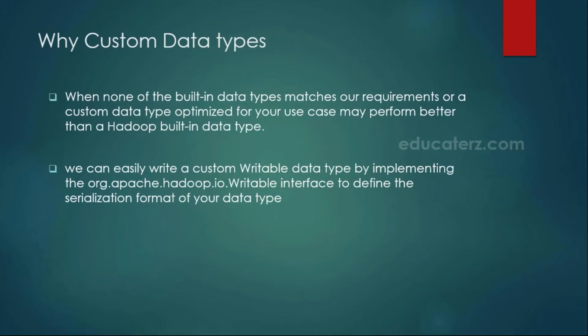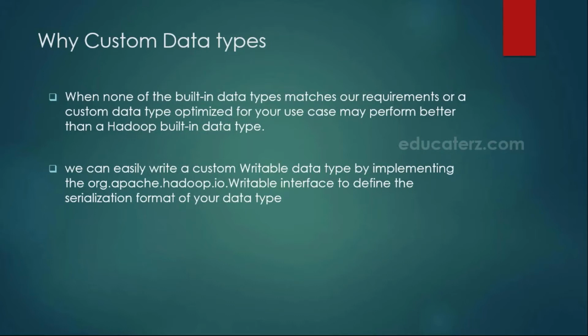So whenever we have all these primitive data types, why should we create our own custom data type? Usually as part of our projects, whenever you get a requirement where the built-in primitive data types we discussed earlier do not fit your requirement, in that case we can implement our own custom data type.